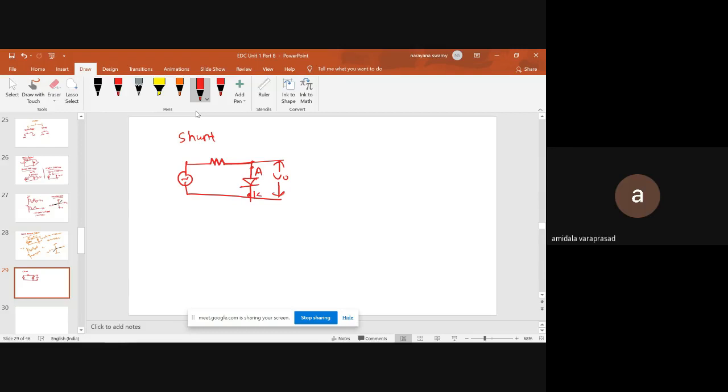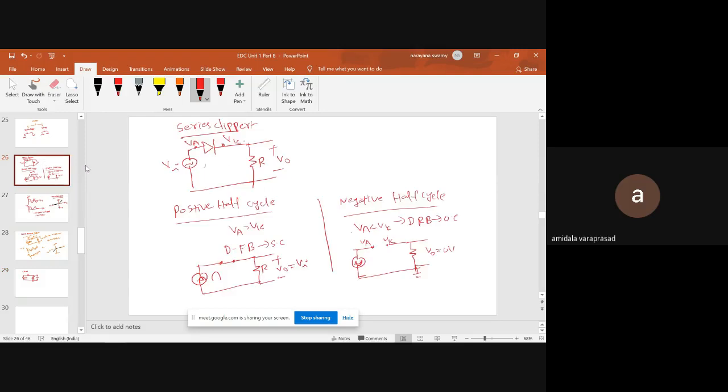That is for positive half cycle, forward bias. Then short circuit. Then V naught is 0, since the total current flows in this direction through the short circuit. For negative half cycle, the output and the diode are in parallel. Here is diode and output.